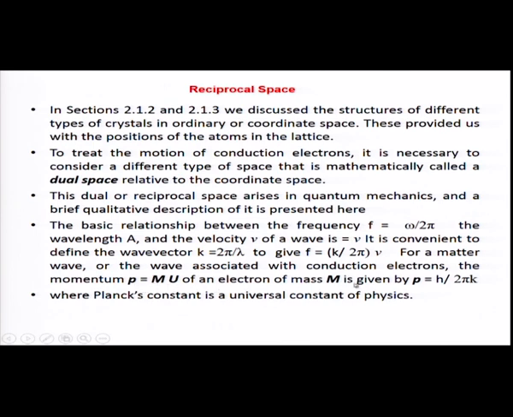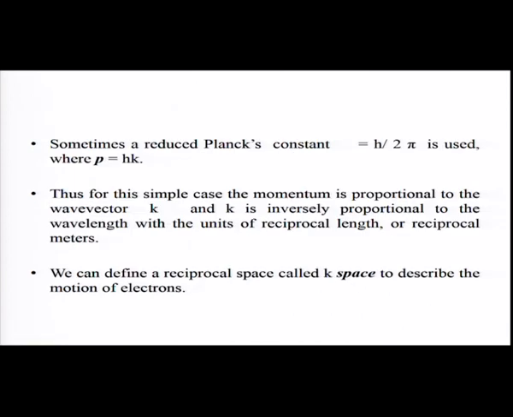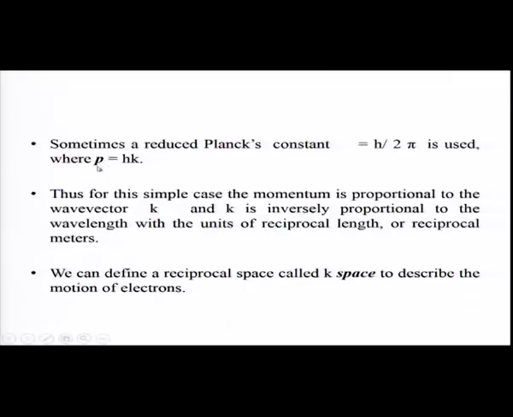Of an electron of mass m, it is given by p is equal to h divided by 2 pi into k, where h is the Planck constant. Sometimes we can use h cross in place of h, where h cross is equal to h by 2 pi. So, we get p is equal to h cross k.